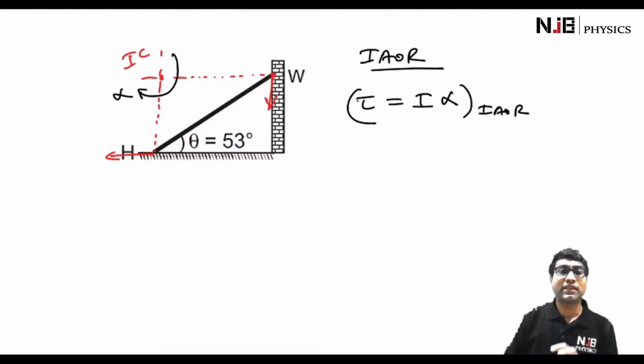It becomes very easy when we write the torque about the instantaneous axis of rotation, because the torque due to the force N2 and the torque due to the force N1 about the instantaneous axis of rotation are going to be 0. And you know the reason why: the line of action of these forces is passing through IC.